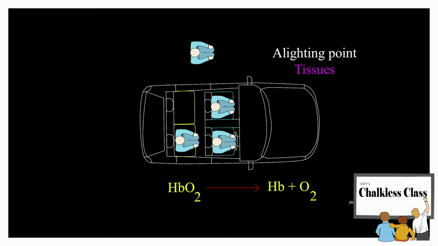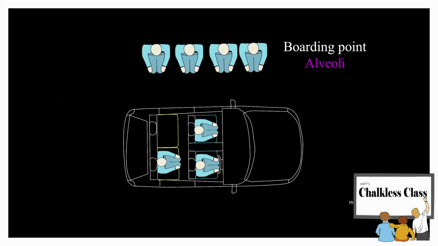Now this blood from tissues moves to the alveolar capillaries. Now deoxygenated blood along with the hemoglobin moves to the alveolar capillaries. That is the boarding point.